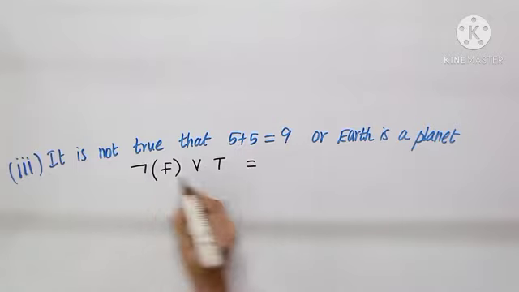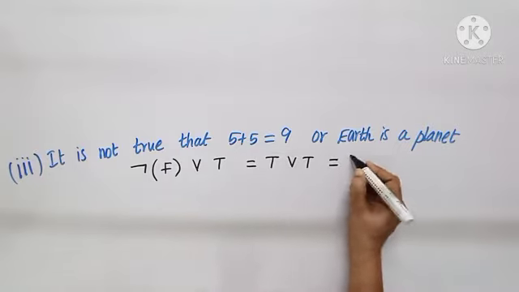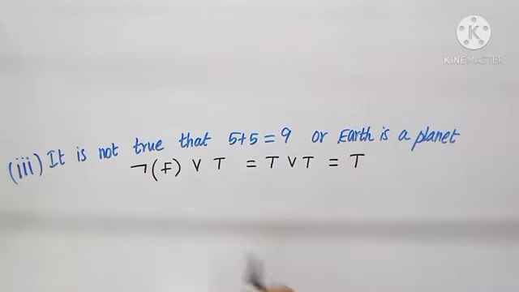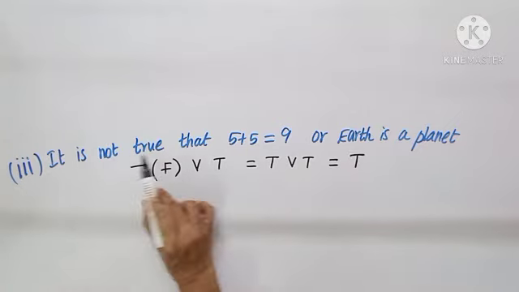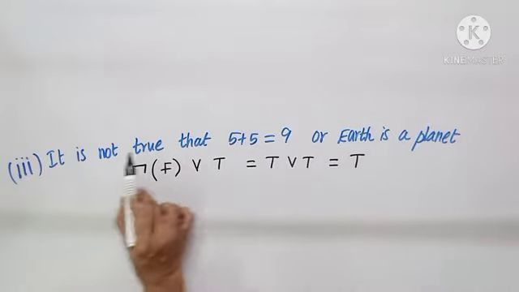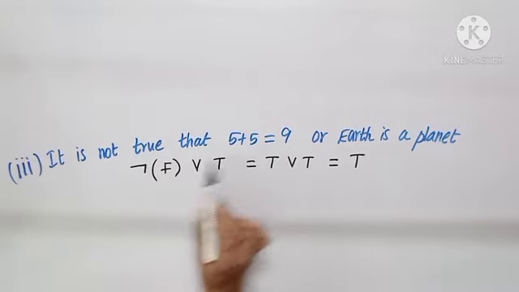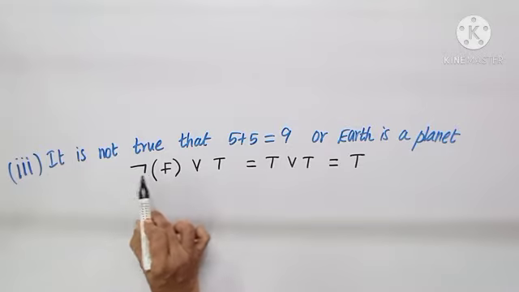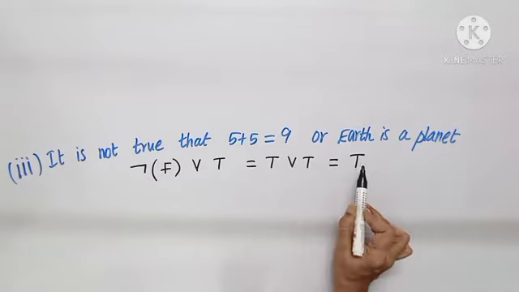Not F tells me T or T. Again, my answer is T. So when you write in symbolic form, directly you can say it is not true that 5 plus 5 is 9. Not true tells me not. 5 plus 5 is 9 tells me false. Not false can be written as T or T, and my answer is T.